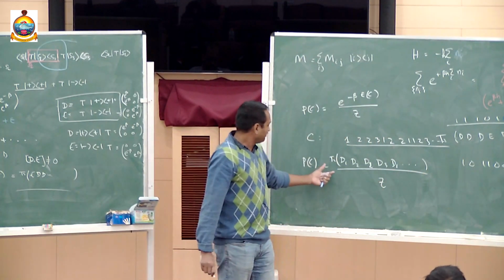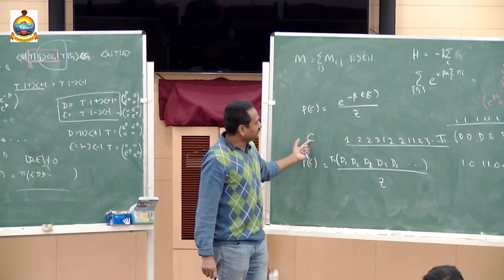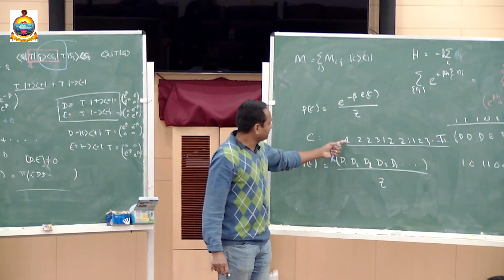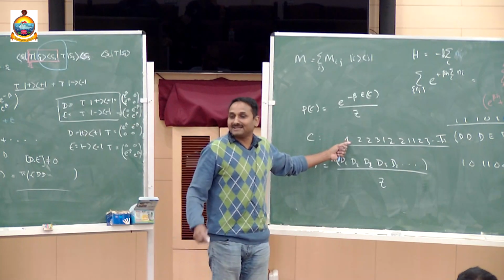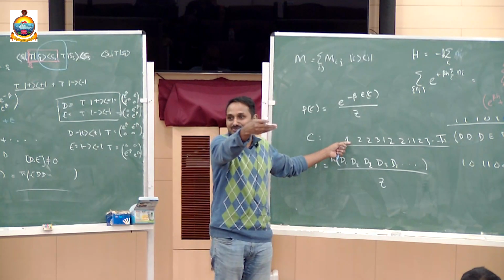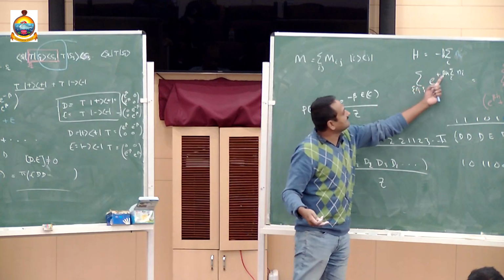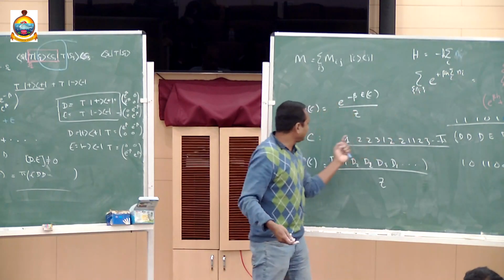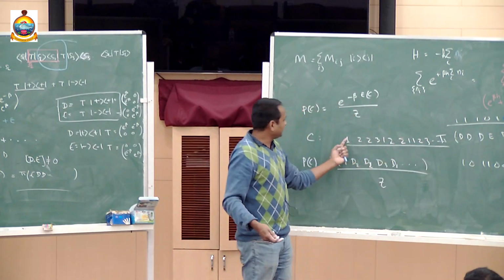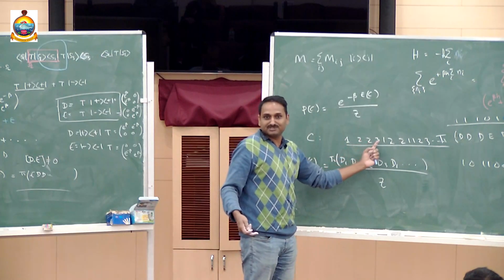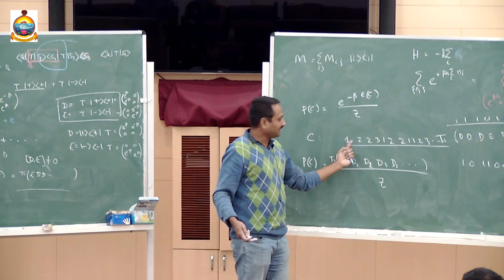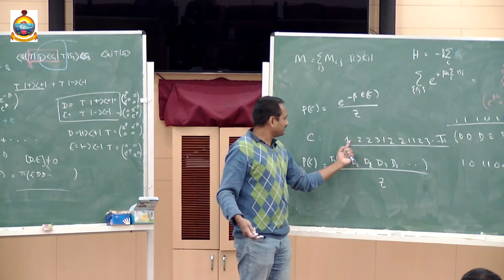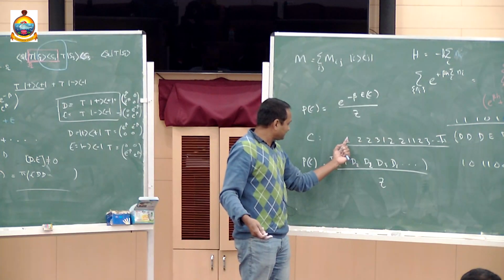But do you know what the probability of this configuration is? It is e to the power minus beta times the energy of this configuration. Just because this is a single-site problem, the energy of the whole configuration is the sum over i of n_i: energy of this plus energy of this plus energy of this, and so on.